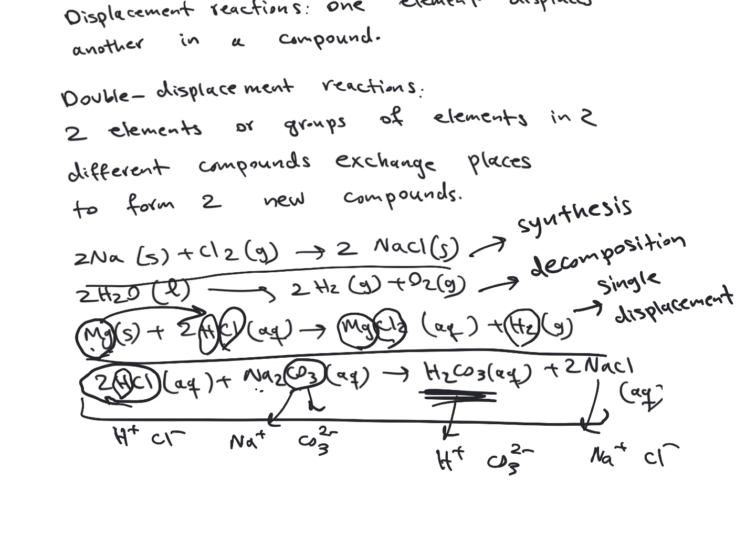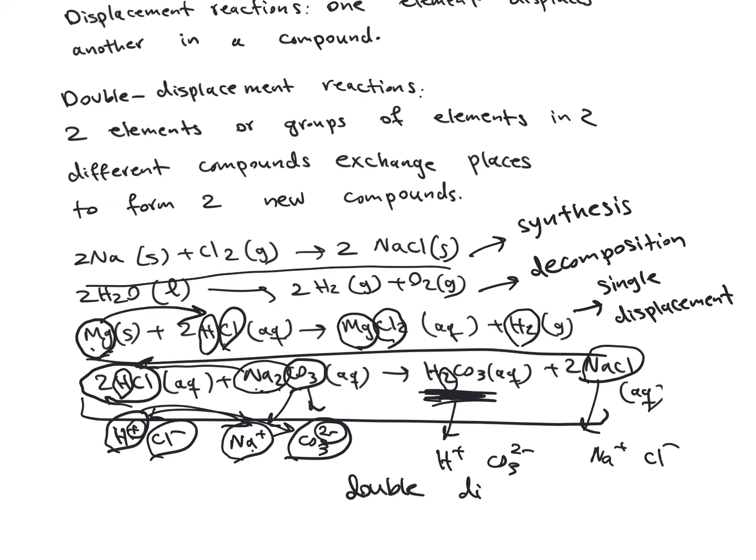So this hydrogen bonds with this CO3. And here you see that you have charge of +1, here charge of -2. That's the reason here you have 2 hydrogen. And then NaCl, since both of them have just one charge, you just write NaCl as such. But regardless, this hydrogen substituted this Na here. So you have a compound with hydrogen and CO3. And here, this Na substituted this hydrogen, so you have NaCl. So that would be double displacement.